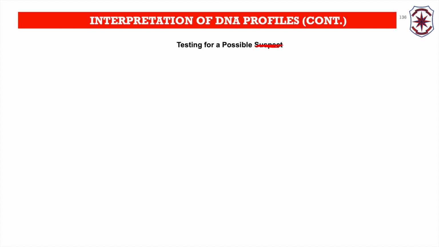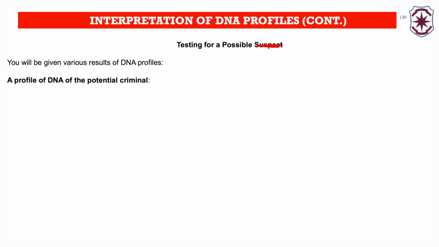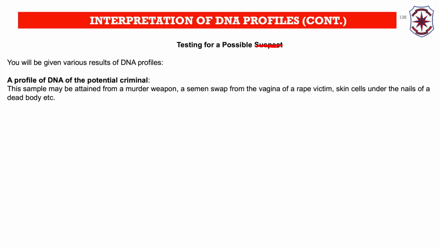Okay, guys? So, you are going to be given DNA profiles. The first DNA profile that you'll be given is the DNA profile of the potential criminals, meaning the DNA profiles of the suspects. Okay.